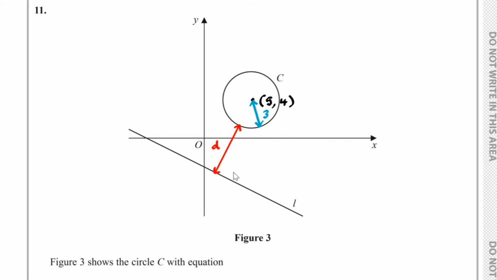And for us to find out that shortest distance, well, what we can see is this line and this line L will be perpendicular. That's how we get the shortest distance. Anything such as the line here won't give the shortest distance. We need a line which is perpendicular to L to C, which will give us the shortest distance.